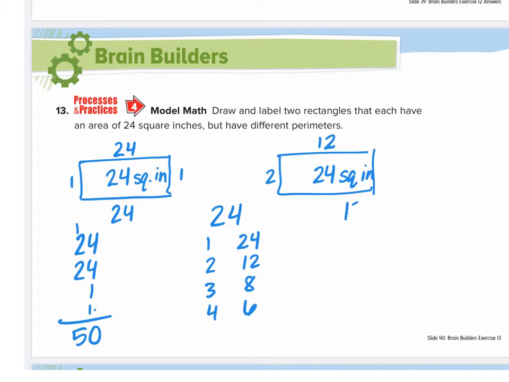Whereas if I add 12 plus 12 plus 2 plus 2, we have 2, 4, 6, 8, and 2. So this one has a perimeter of 28 inches. This one has a perimeter of 50 inches. Totally different perimeters, but the same area or the same space inside.